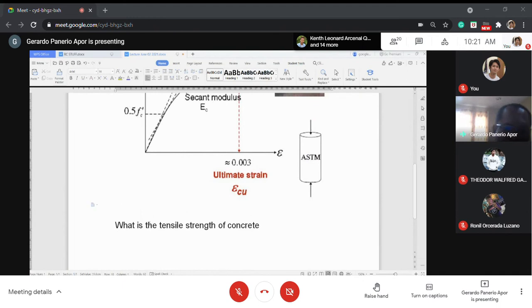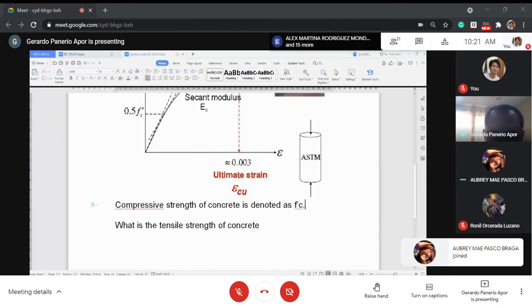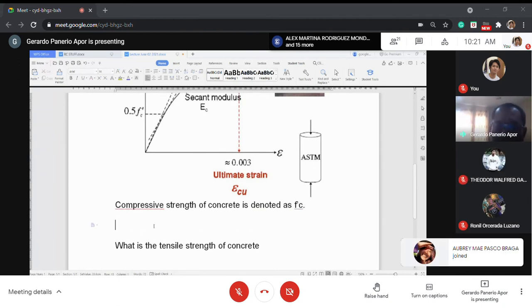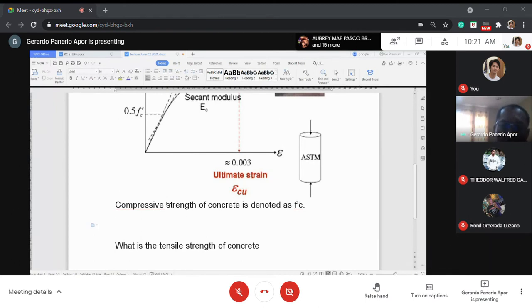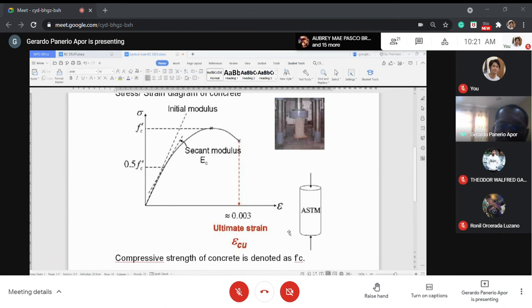Let us say the compressive strength of concrete is denoted as F prime of C. So take note that this is F prime of C. What is F prime of C?